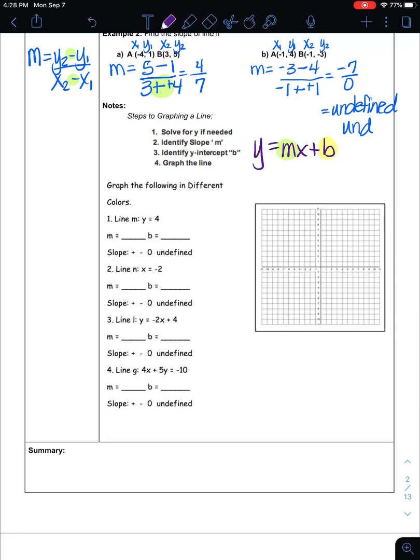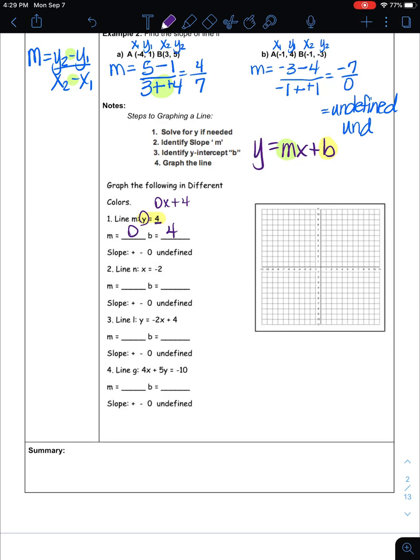So in number 1, line M, y is equal to 4. We don't have an mx, so technically it's 0x plus 4. So your slope is 0 and your y-intercept is 4. One way you can remember, when you only have one letter in the equation, y equals, that means you're going to cross that axis at this point.